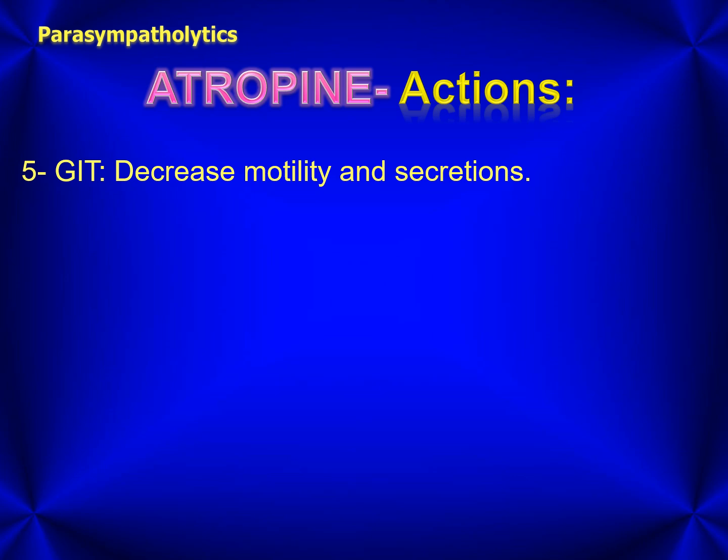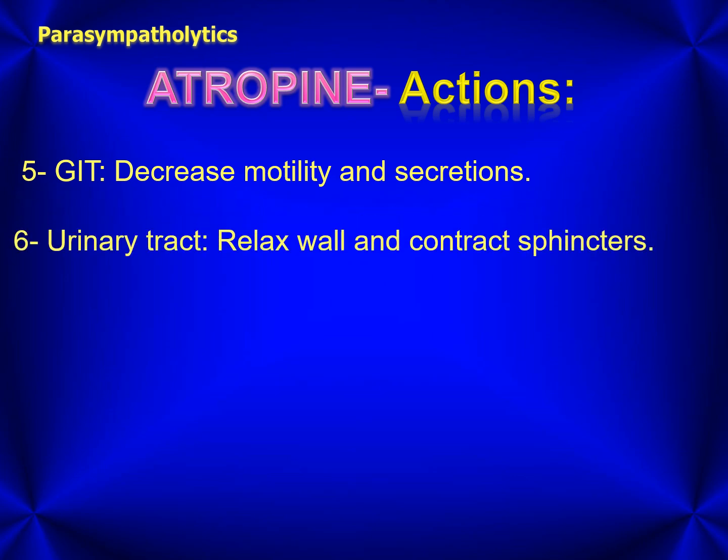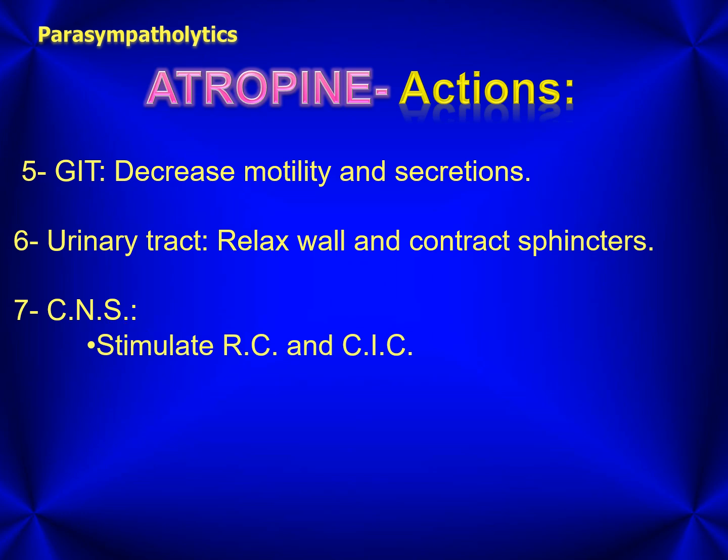The effect on GIT: decreased motility and secretions. Urinary: relaxes the wall and contracts the sphincter, inducing urinary retention. CNS: stimulation of the respiratory center and stimulation of the cardiac inhibitor center, which is responsible for initial bradycardia, which can be observed when atropine is given in a small dose IV.